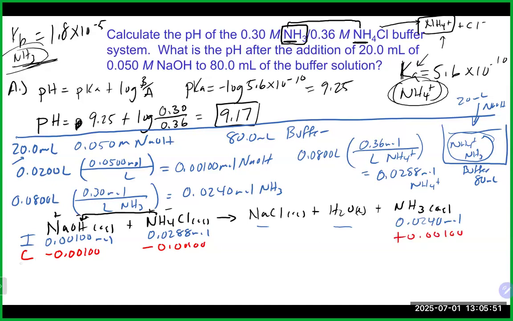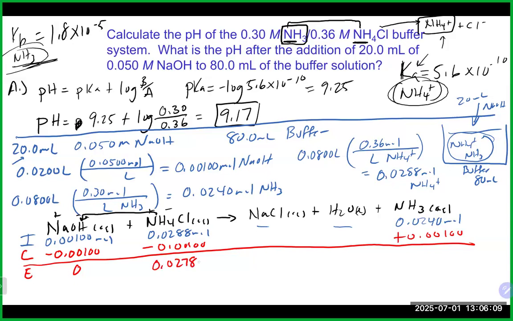That's going to get us, when we reach equilibrium, 0 of our sodium hydroxide, 0.0288 minus 0.001, which is 0.0278 moles. And we're going to add on this side 0.0025 moles.